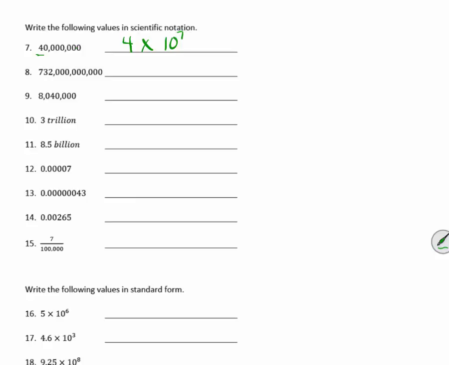For number 8, if you want to think of it a different way, you're moving your decimal from the end to after that first number. So this is going to be 7.32 times, and how many numbers are after that first digit? 1, 2, 3, 4, 5, 6, 7, 8, 9, 10, 11, 10 to the 11th power.